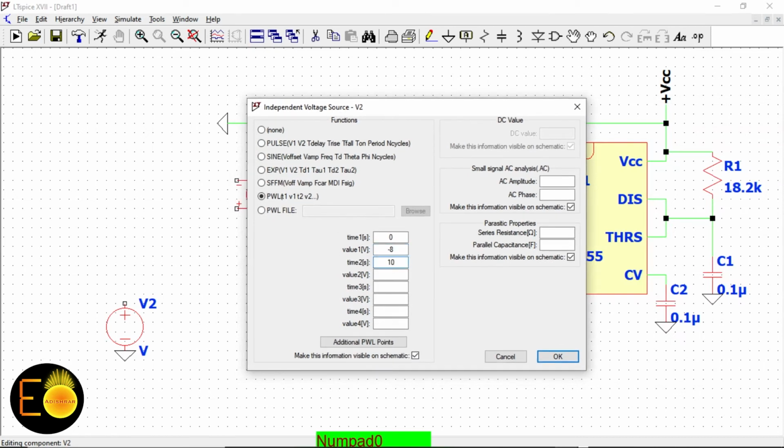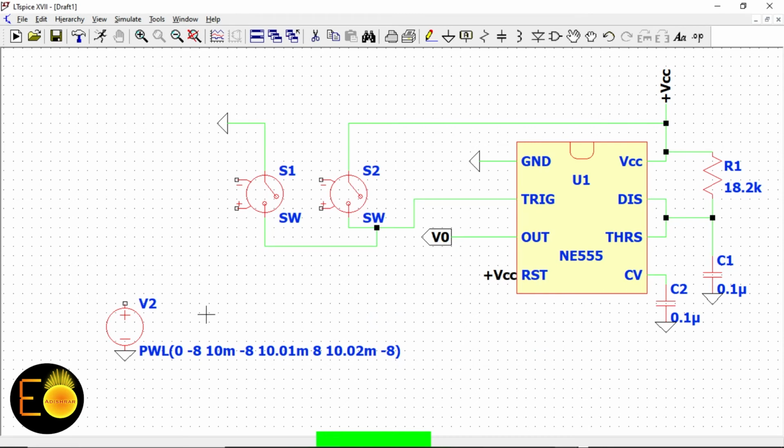At time 10 millisecond, it remains at -8 volt, but at 10.01 millisecond, it switches to 8 volt to turn on, and immediately after that, at 10.02 millisecond, it comes back to minus 8 volt again. I hope it should work.